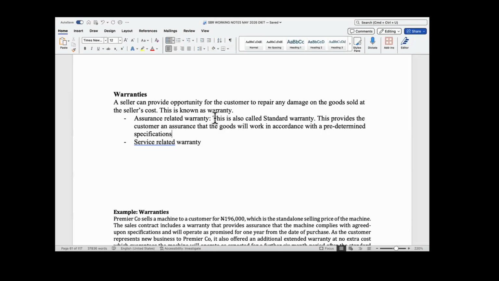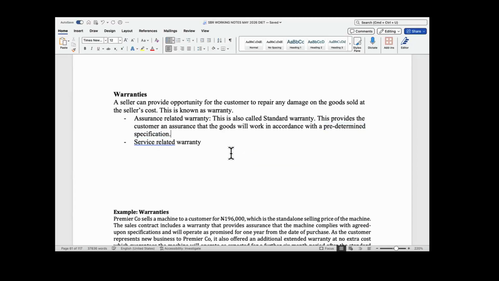Most warranties that you find on most products are standard warranties. They are assurance related warranties.